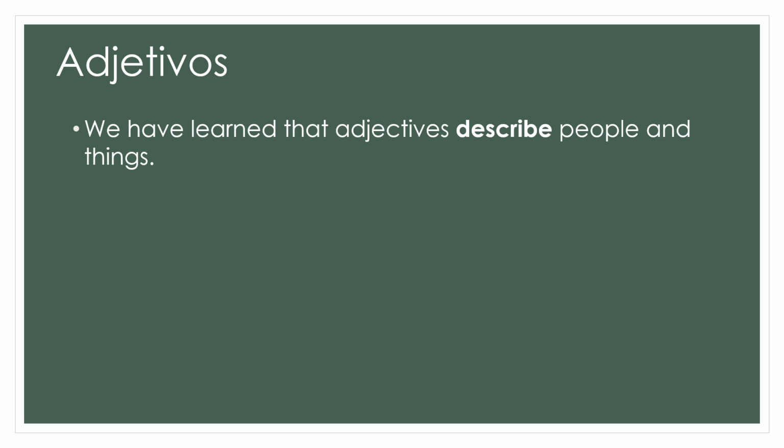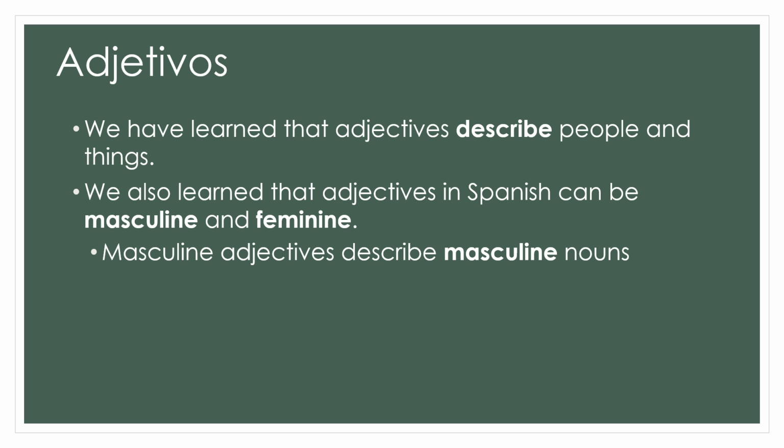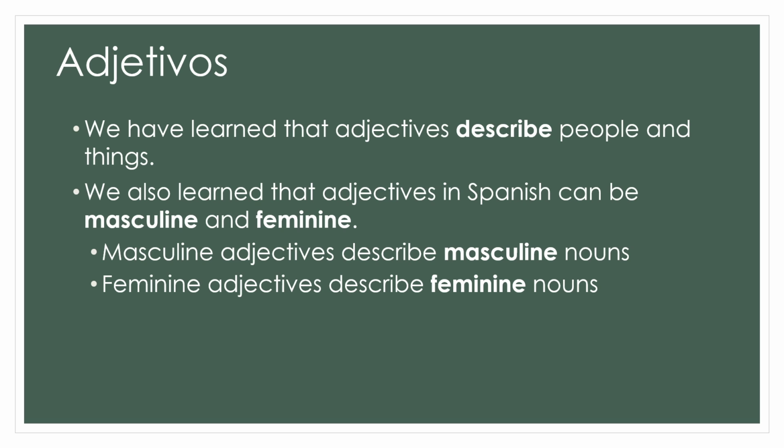So far, we have learned that adjectives, just like in English, describe people and things. Same thing in Spanish. Okay, little something different. We learned that adjectives in Spanish have a masculine and a feminine version. Masculine adjectives need to describe masculine nouns. Feminine adjectives need to describe feminine nouns.